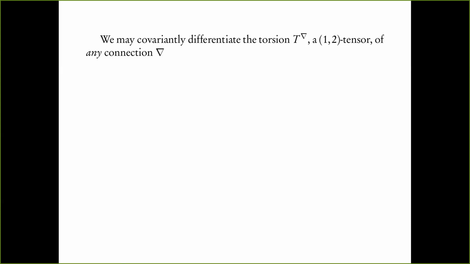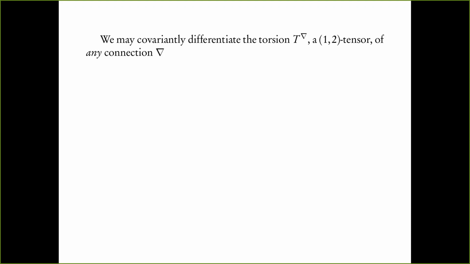That means the input is 2 vector fields and the output is a vector field, which means if I think of it as a tensor, it's a section of TM tensor T*M tensor T*M. Because the 2 copies of T*M are going to be forms and they're going to eat the 2 input vector fields. That's going to give me a scalar, and the scalar times the first component, which is TM, is going to be the output vector field. So that's why it's a 1-2 tensor. Okay.